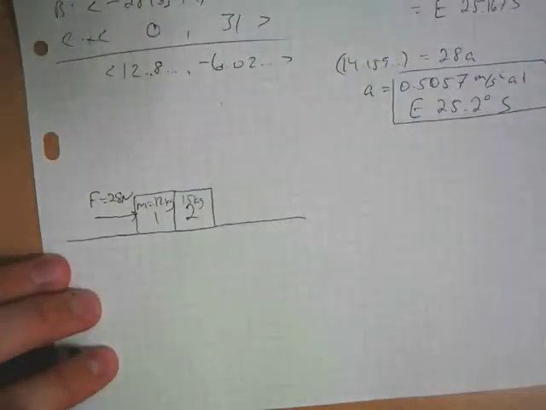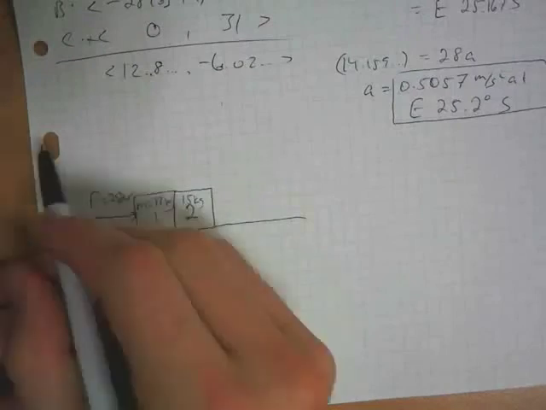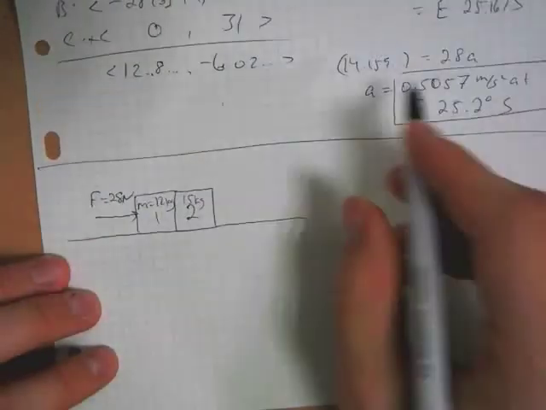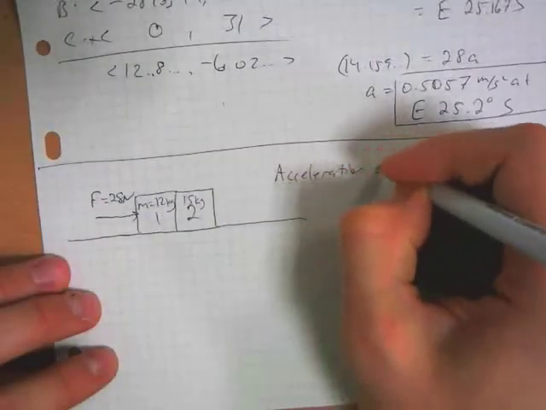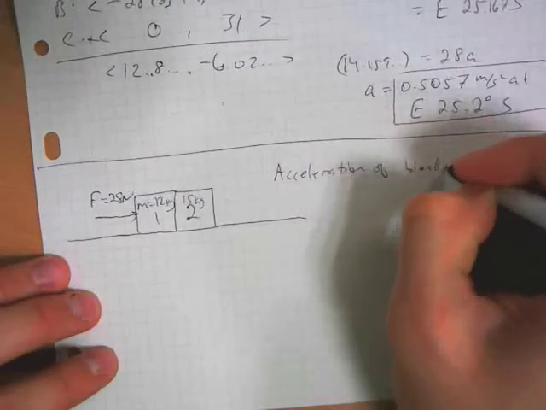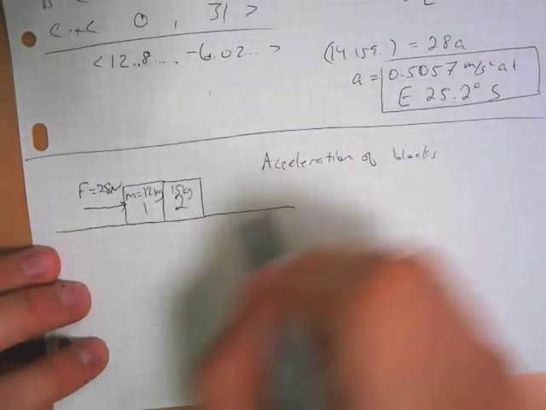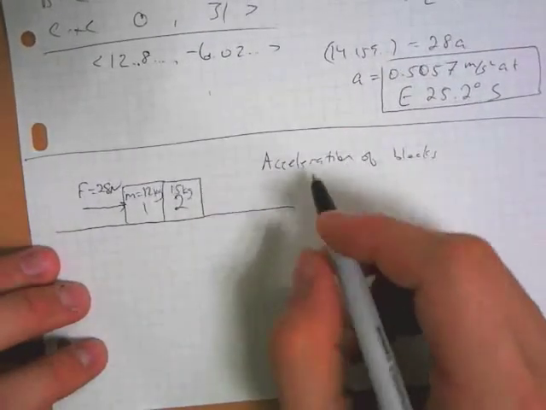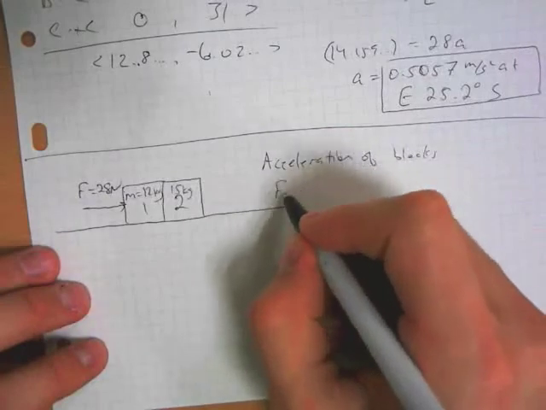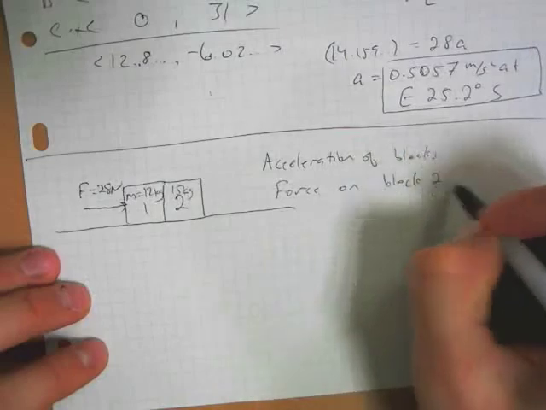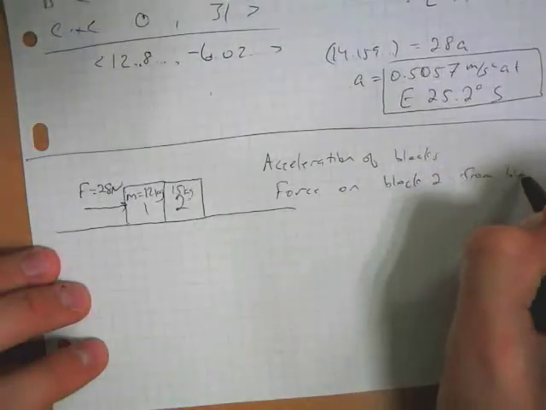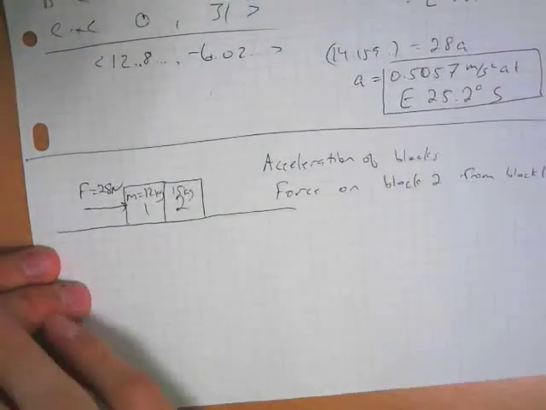Okay. And I want to know a few things. I want to know the acceleration of the blocks. And then I also want to know the force on block 2 from block 1. Okay.